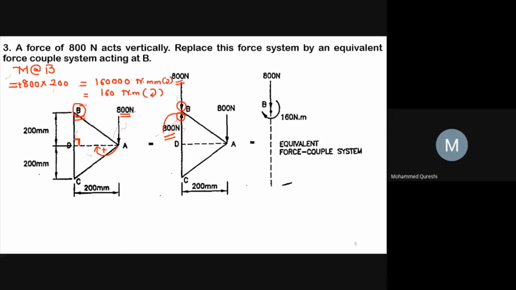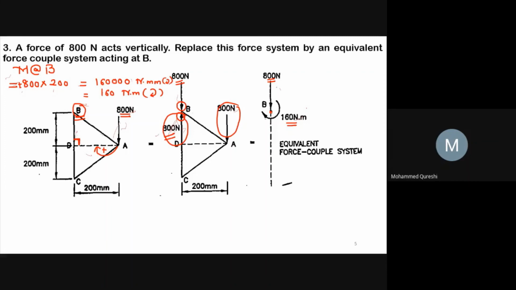So these two 800 Newton forces will form a couple. Thus, a single force, that is 800 Newton in downward direction acting at B, is replaced by an equivalent force couple system, that is 160 Newton meter at point B.